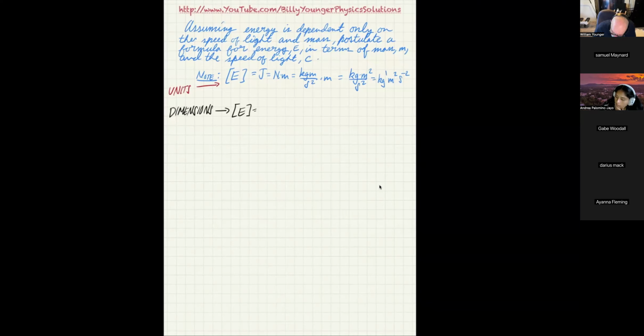And I'm going to say the dimensions are M to the 1, L to the 2, and capital T to the negative 2. Can y'all see what I mean by dimensions now? Do y'all think that makes some sense?